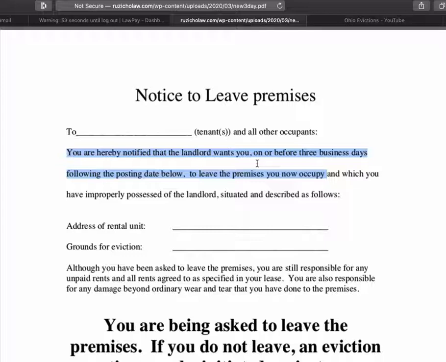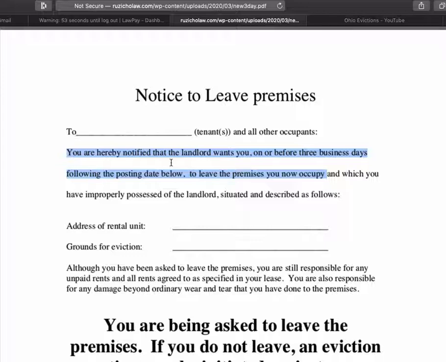In some jurisdictions in Ohio, weekends and holidays do count, and I believe the day of posting does count. If you don't know which jurisdiction you're in, you're usually best off following the rule that the day of posting, weekends and holidays do not count. It's hard to go wrong there.